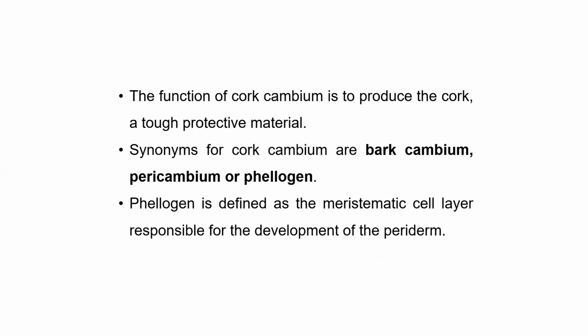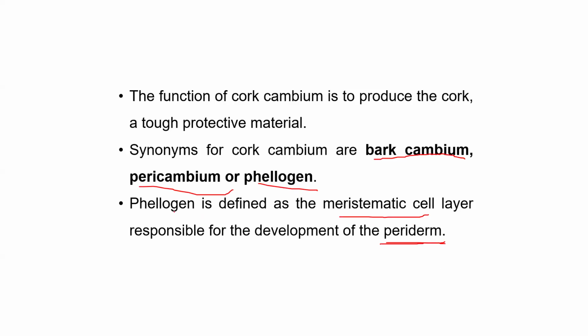Other names for the cork cambium are bark cambium, pericambium, or phellogen. The phellogen is defined as a meristematic cell layer responsible for the development of the periderm. From the phellogen, formation of the periderm takes place.